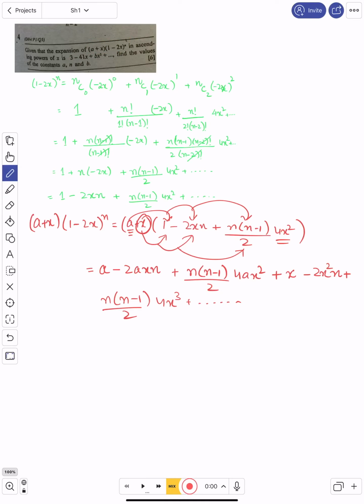Now you have to compare. So the first term, the constant term, is 3 in their expansion, and in our expansion the constant is a. So a is equal to 3.